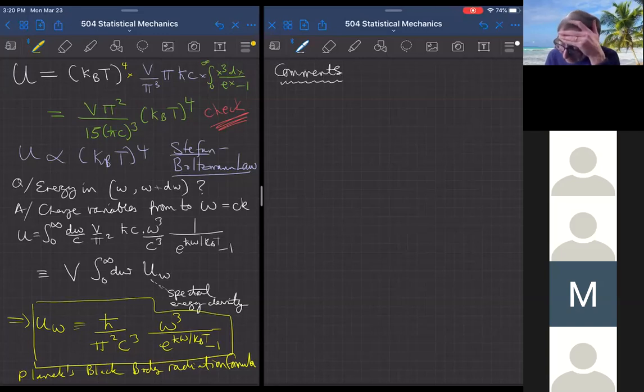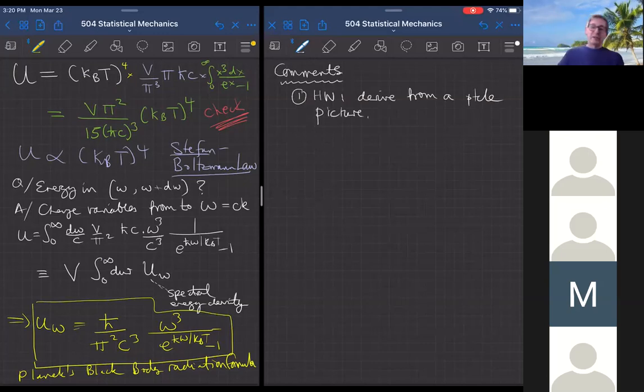So in the homework, you get to derive these results from a particle picture. So you all know about wave-particle duality.